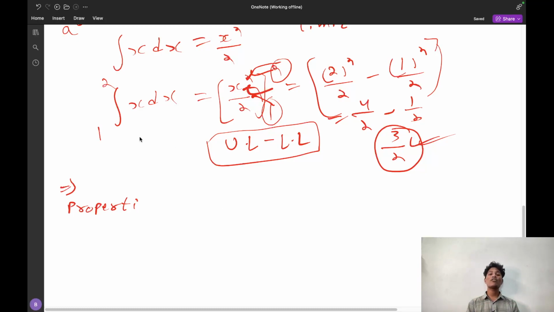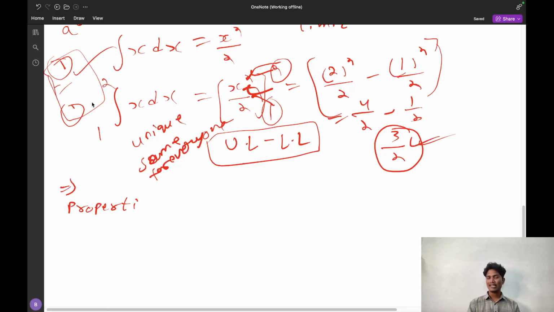The answer is unique, it is the same for everyone. You cannot expect one answer which is different from another. That is the reason it is called definite, because we can define it. But in indefinite integration, we cannot expect the same answer from everyone, because everyone uses a different approach, so you will get a different answer, because it is integration.